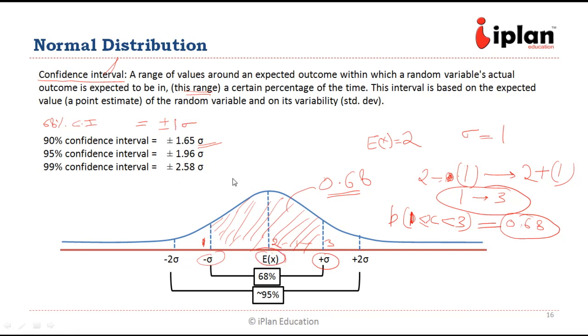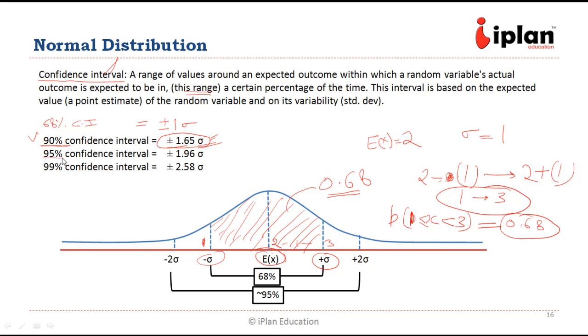Similarly, for normal distribution, we know that for a 90% confidence interval, the value is 1.65 sigma. Or we are 90% confident that the value is going to lie between mean minus 1.65 sigma and mean plus 1.65 sigma.